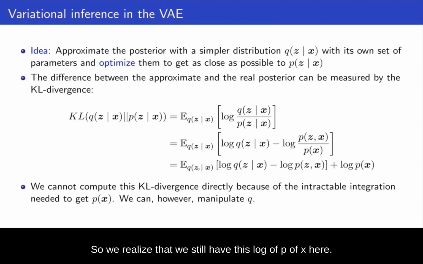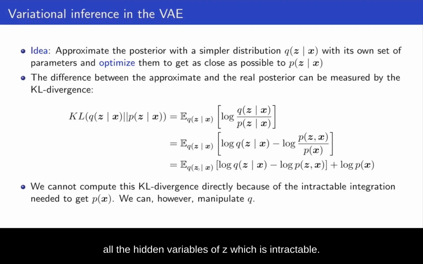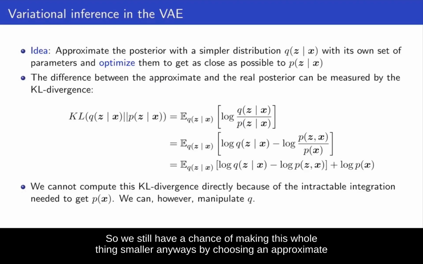So we realize that we still have this log of p of x here, and again we cannot directly compute this because this would involve integrating over all the hidden variables z, which is intractable. So we still have a chance of making this whole thing smaller anyways by choosing an approximate q.